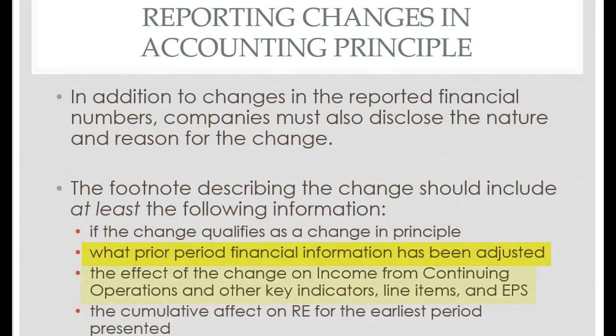We also have to show the effect on specific key indicators: net income, income from continuing operations, total assets, earnings per share, and any other really important values for your investors. And finally, we show the cumulative effect on retained earnings for the earliest period presented. So on the balance sheet, I'm going to show the new retained earnings number. Statement of retained earnings, show the new retained earnings number. In the footnotes, I'm going to describe how I got to that new number and what rolled in to getting us to that new value.